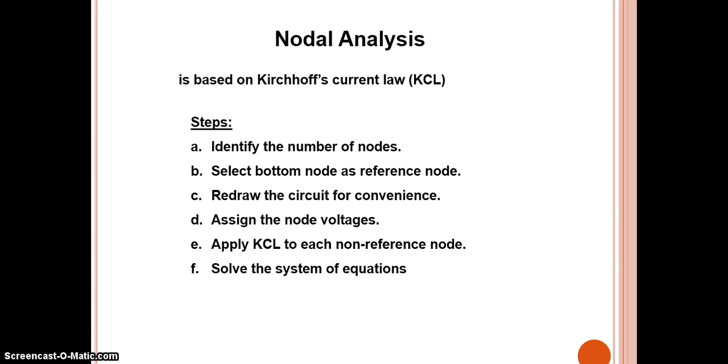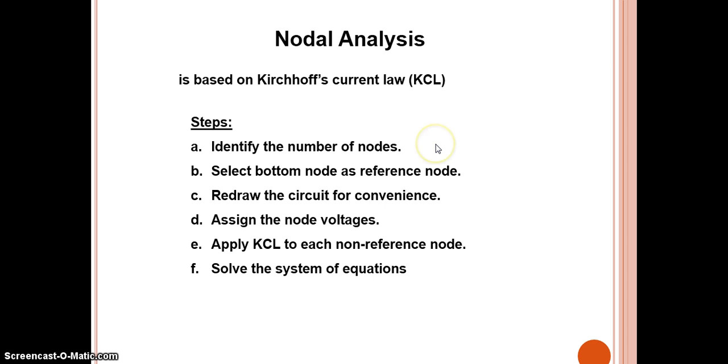So if we are given a circuit with n number of nodes without any voltage source, that means your circuit contains only current sources and resistors, then for doing the nodal analysis, these are the steps we need to follow. The first step is to identify the number of nodes.